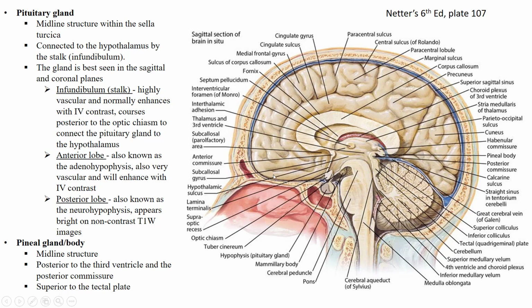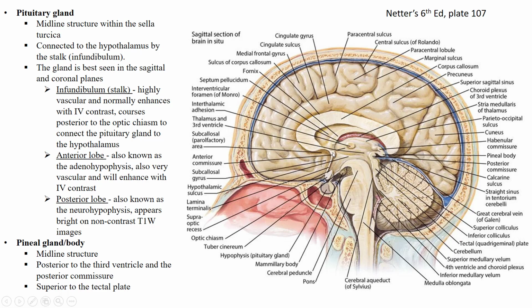So in this image from Netter's, our regular midline sagittal image, we're able to see the whole brain again and put this into perspective. That magnified view in the previous slide, we can put back into this picture so you can see a little more clearly where everything was. So this is the corpus callosum here, and then we talked about the fornix being just superior to the third ventricle.